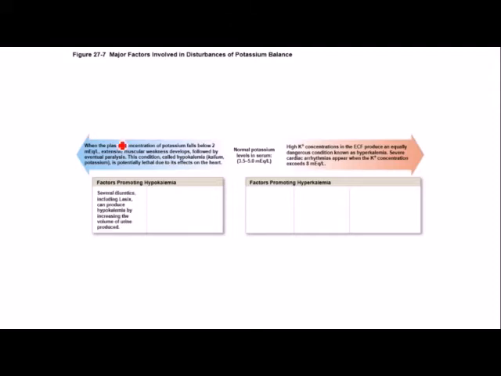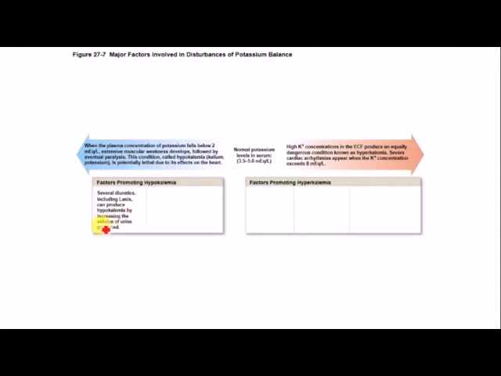So when we start looking at hypokalemia, which is falling levels of potassium within our system, we can have muscular weakness, we can have paralysis, and it can be potentially lethal if it has effects on the heart. So things that cause hypokalemia: diuretics can cause this.